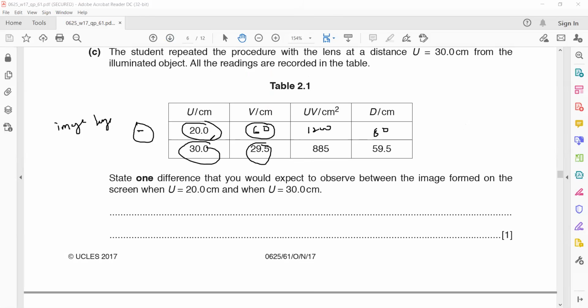So what difference will we observe? In the first experiment, the image size will be larger. In the second experiment, the image size will be the same as the object. So they will have a different size.